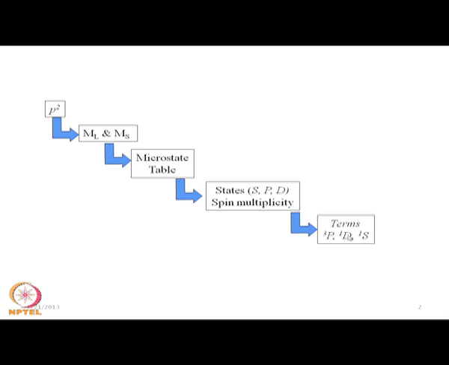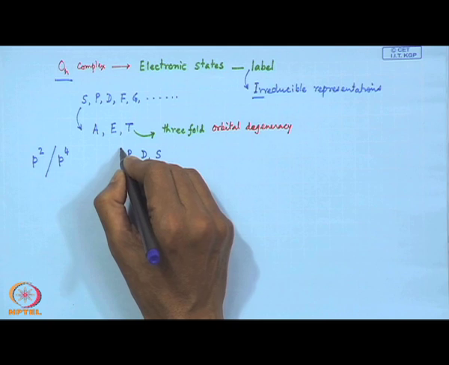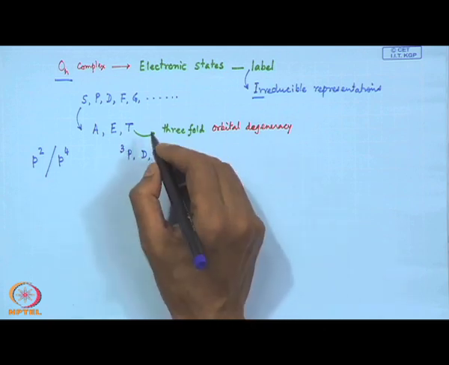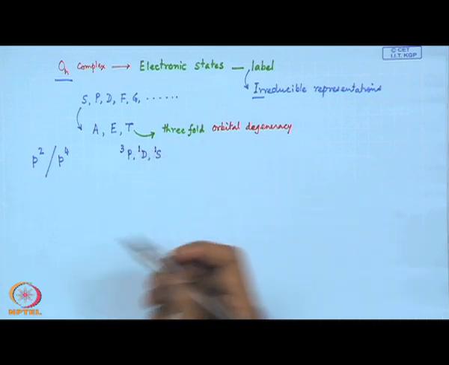Then we can have the corresponding terms. The combination will give the ground state as the triplet P level, then the singlet D level and the singlet S level. These are the three levels we can have. Once we get this P, D and S level, we designate them with their spin multiplicity: this is 3P, this is 1D and this is 1S.